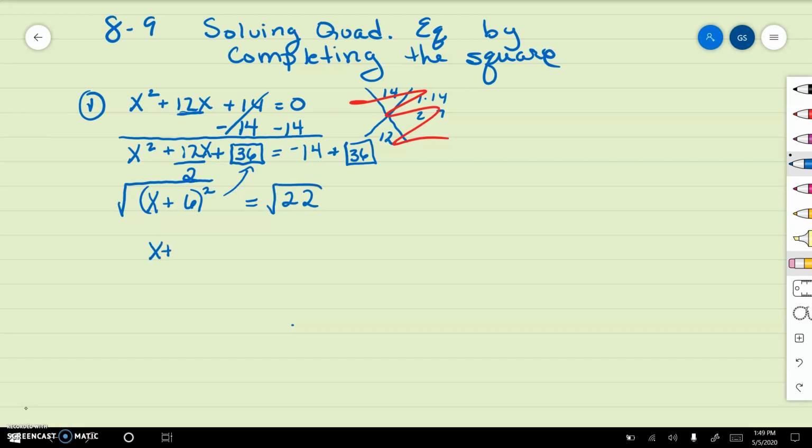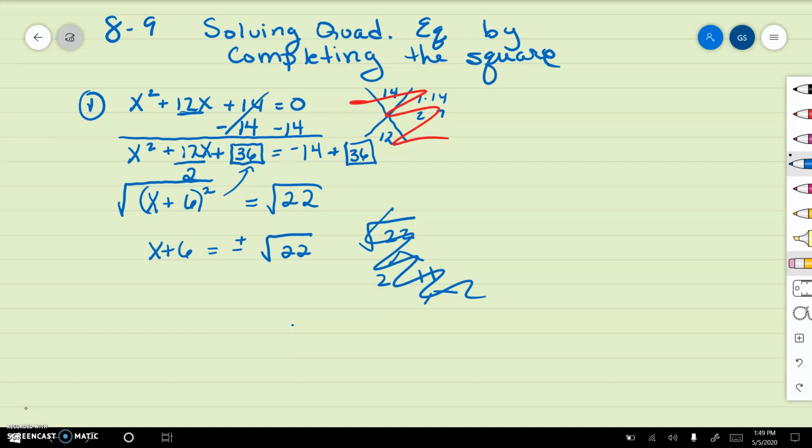That leaves you with x plus 6 on the left equals, and on the right, it's going to be positive or negative radical 22, which we want to break down. So I probably shouldn't have written that there. I'll do it over here. 2 times 11. Oh no! I can't break it down, so radical 22 is the best you can do.